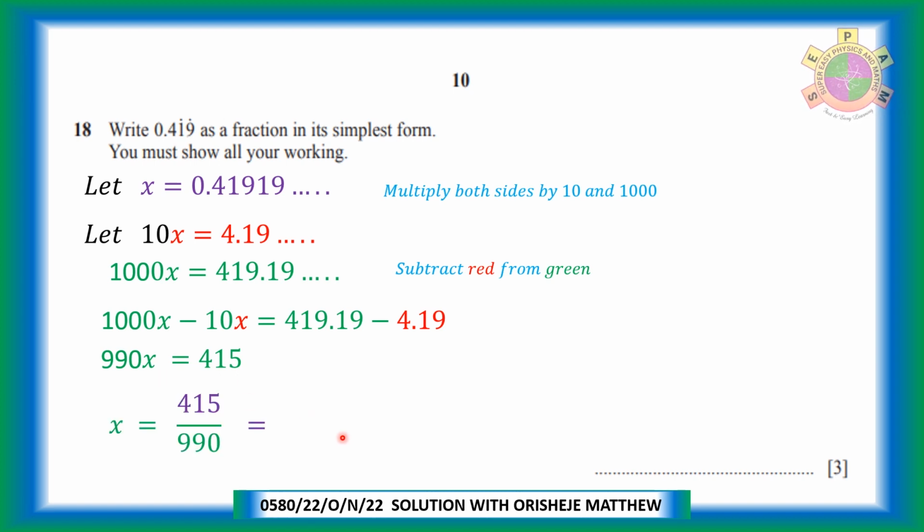So s is equal to 415 divided by 990. What can divide both of them? 5 can divide through. That will give 83 over 198. So that is the fraction we are looking for.